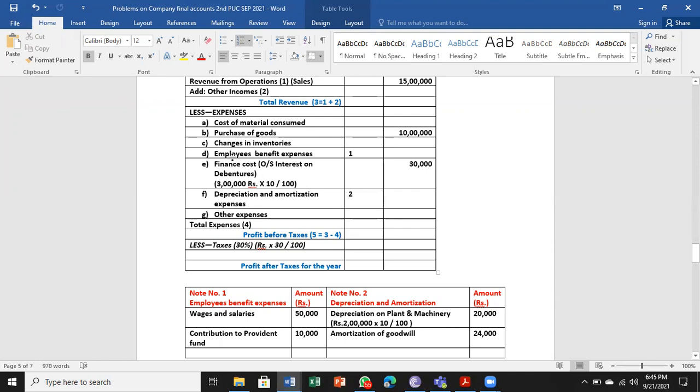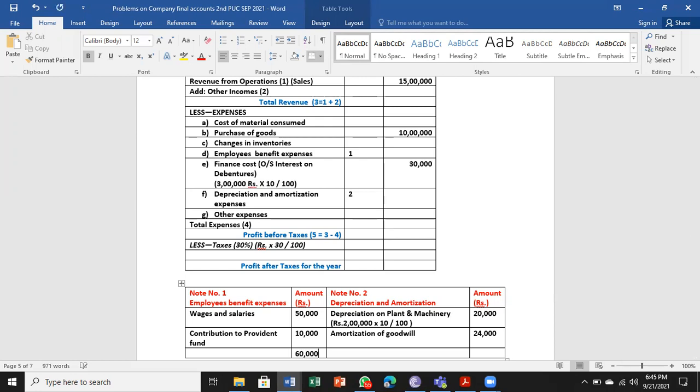Only one finance cost, that is interest, paid and payable. Paid and payable, both will come under finance cost. Remember, I have calculated on the debenture value. Debenture value is 3 lakhs. 10% on that is 30,000. This is called an implied adjustment. Remember, implied adjustment.